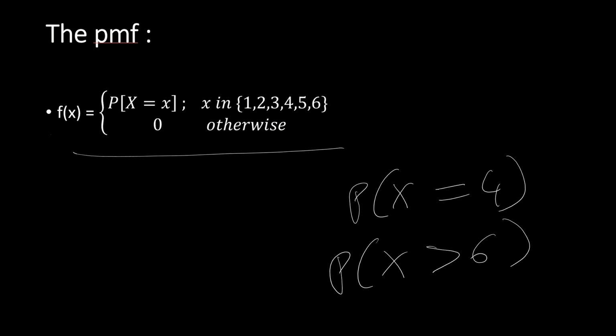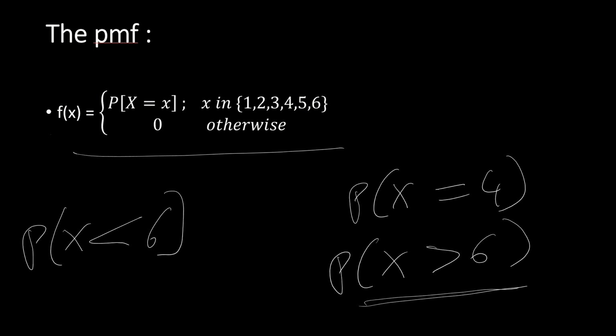Most of the time, because you don't want to spend time counting up to 6, you say that the probability that x is greater than 6 is 1 minus the probability that x is less than or equal to 6, because the sum of the probabilities is equal to 1. So we want the probability that S is greater than 6. That means, no, we cannot get greater than 6 here.